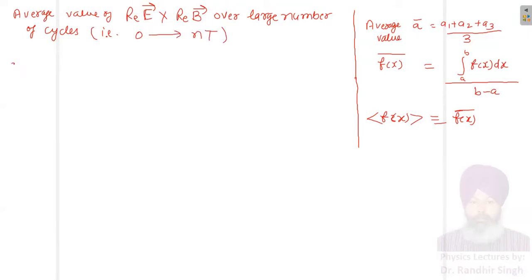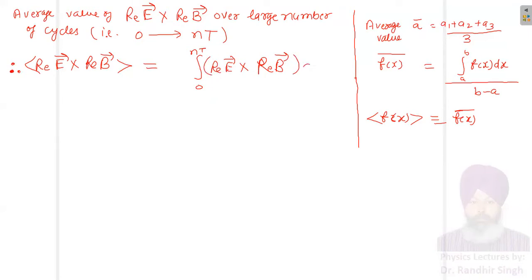So this will be written like this: real E cross real B average. As I have described, it will be the integration from 0 to nT of the vector real E cross product with the real B, and since I am integrating over time, it should be dt here, and it will be divided by nT minus 0.